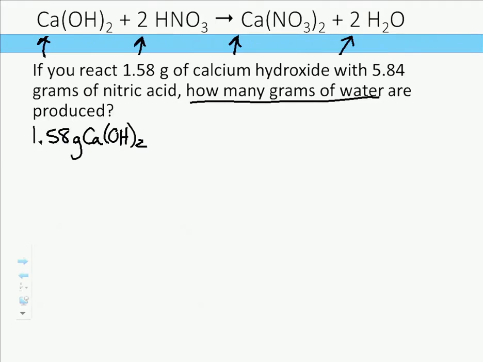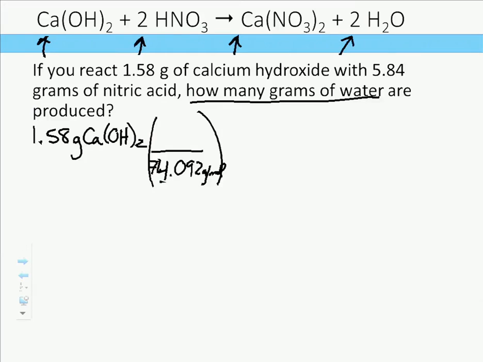So 1.58 grams of calcium hydroxide. The first thing we want to do is convert that into moles. So we have 74.092 grams per mole. Sorry for my horrible handwriting. Grams per mole.